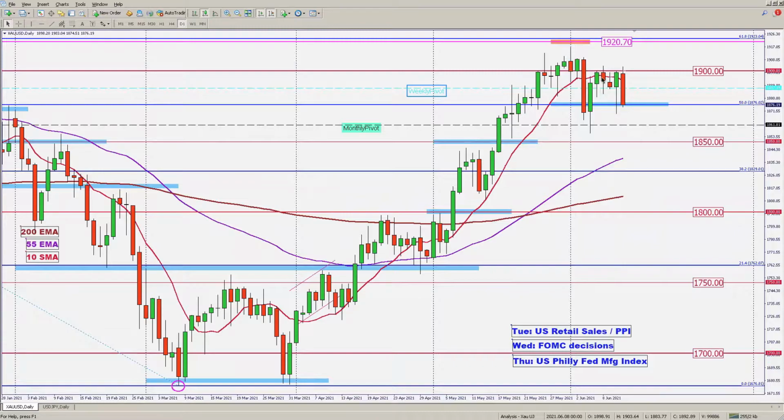It started off after consolidating for the first 3 days of the week, and then on the Thursday, there was a reaction with the US CPI figure. It initially fell, but then bounced back up to hit the 1900 level. And then on Friday, it gave back almost all of it back to the support zone.